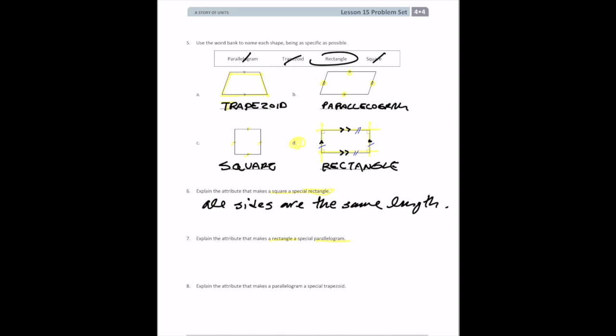And how do we word that? We could say the opposite sides are of equal length. So those are the sides. And then 4 right angles.